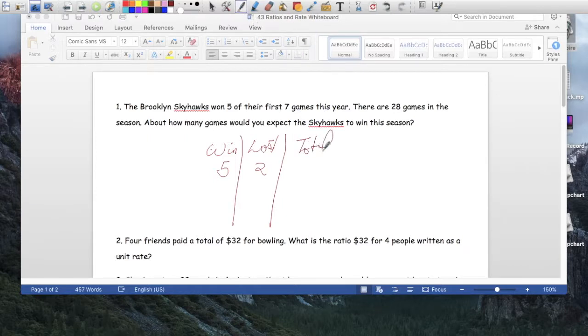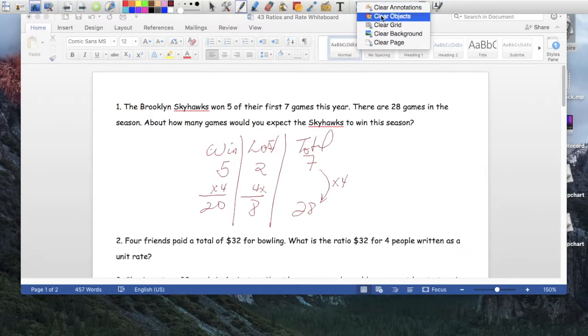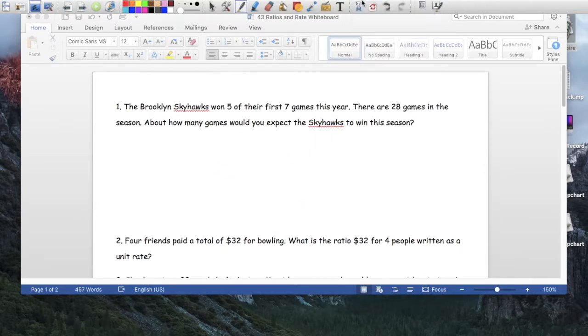At a total of 7 games, they would win 5, lose 2, and 7. That's given to us. So if there are 28 games in total, I would put the 28 over here, and you notice that it's times 4, so everything would be times 4. And again, you would get the same answer, which is, by the way, 20 games.